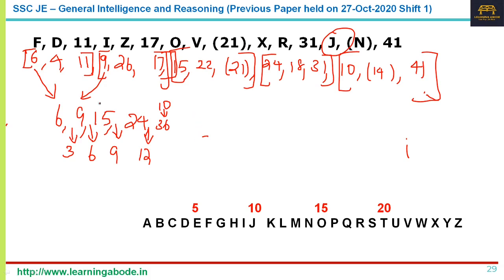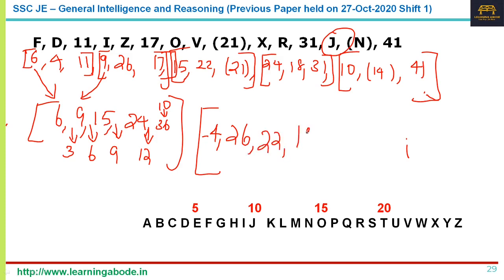Now you have got the logic for the first letters in every group. Now let's try the second letter in every group. What is the second letter in every group? You have 4, 26, 22, 18, and 14. Okay, so you are coming in the reverse order.